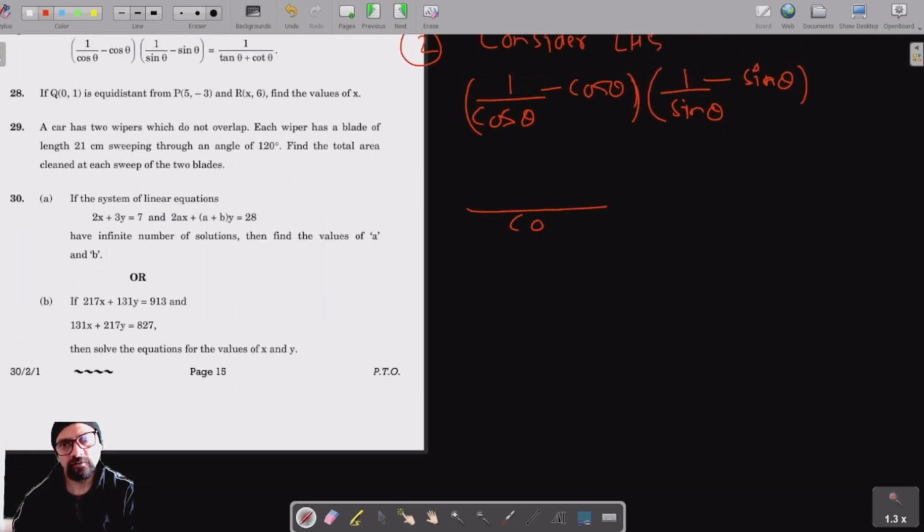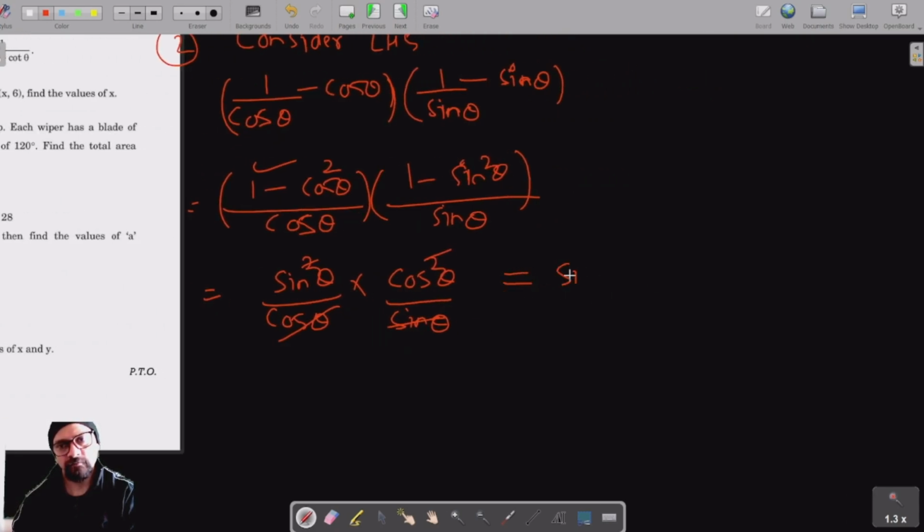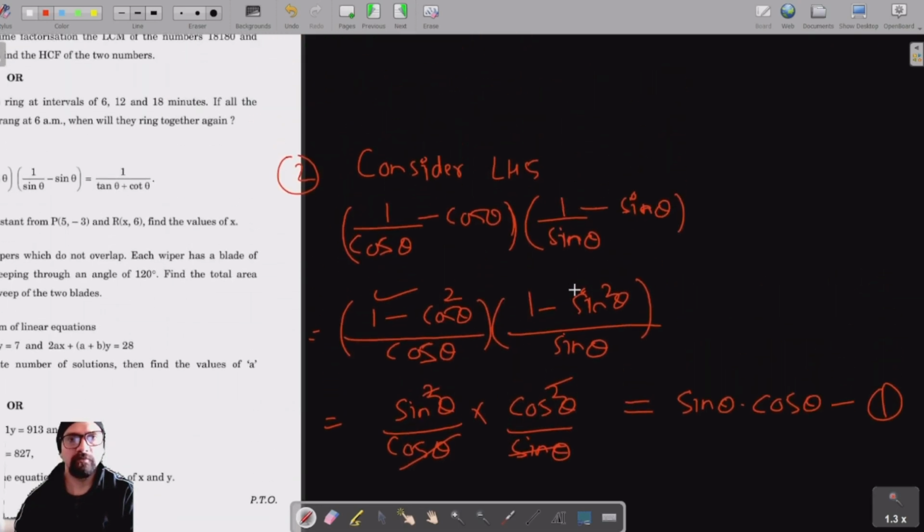Let's take LCM for both the terms. It's 1 minus cos square theta by cos theta, and 1 minus sin square theta by sin theta. Now 1 minus cos square theta is sin square theta, and 1 minus sin square theta is cos square theta. So this gets cancelled, this gets cancelled, and finally we have sin theta into cos theta, and this is equation 1.